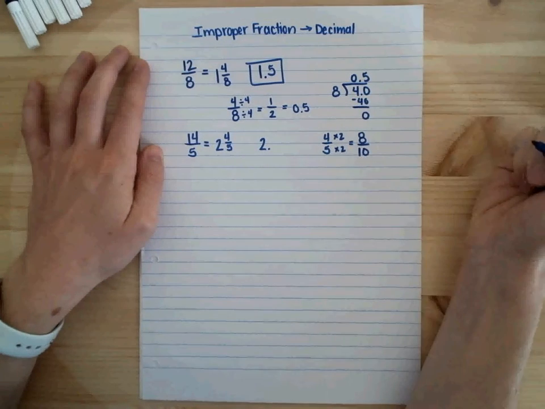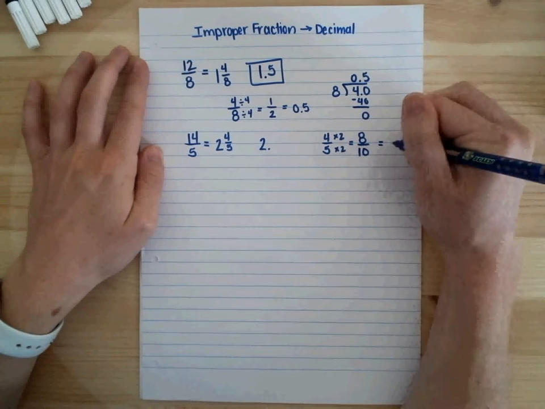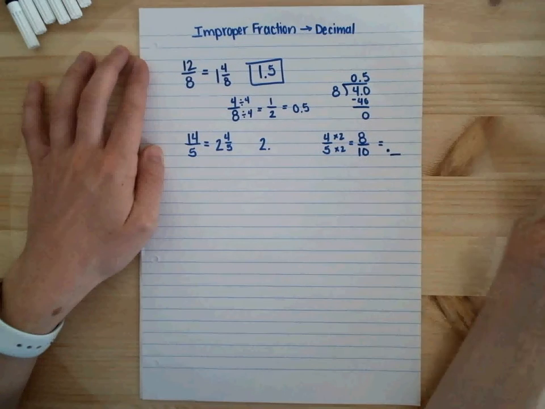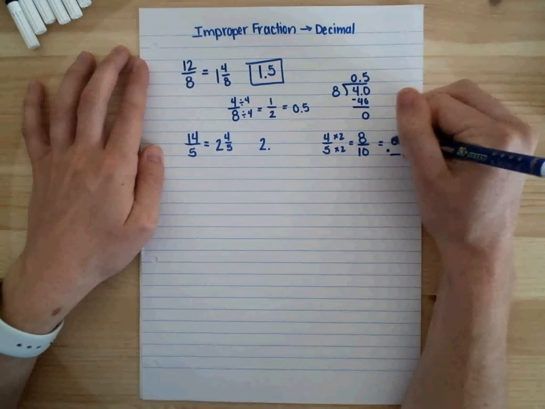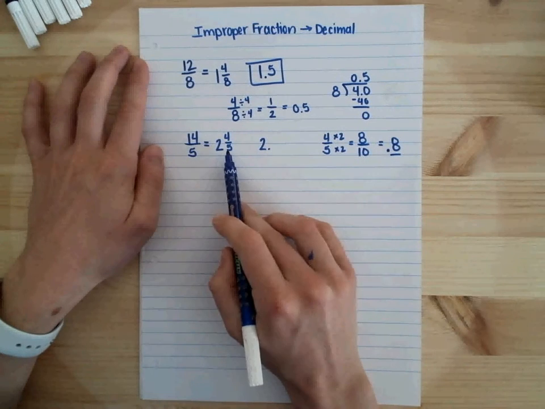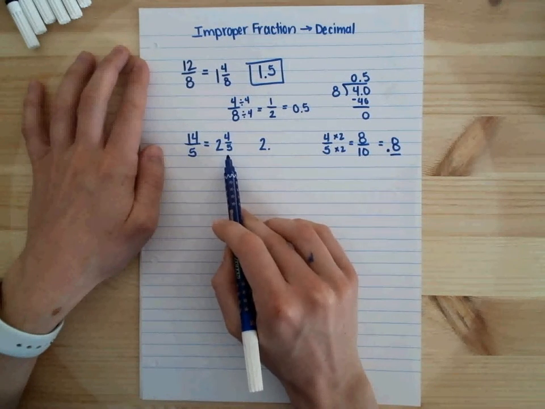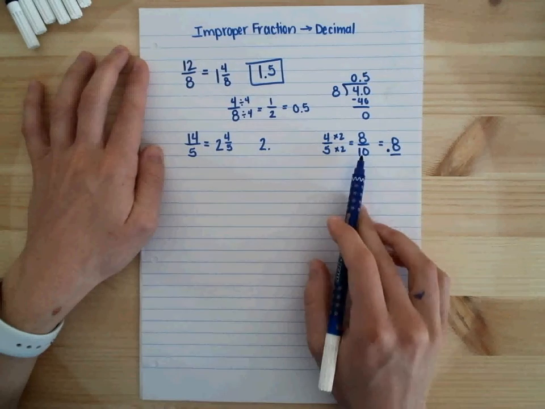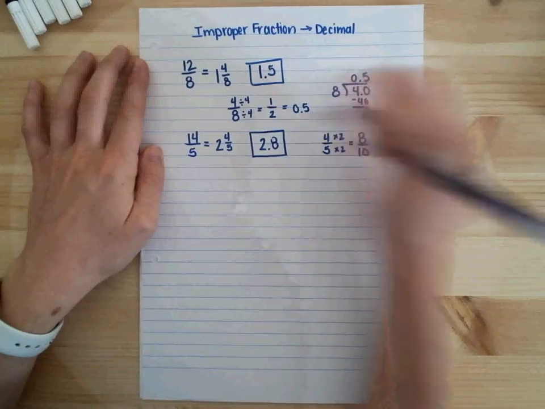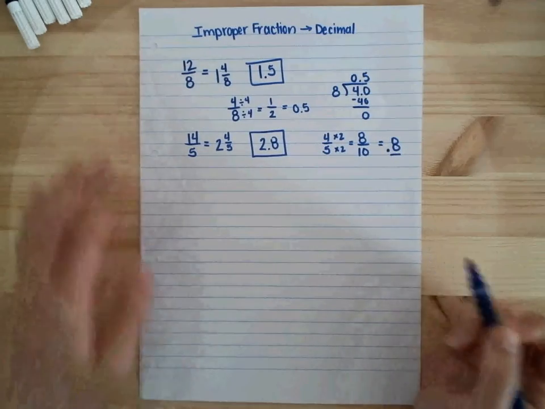And 8/10, if you remember place value, the tenths place is the value right after the decimal point. So 8/10 would be 0.8, which means 14/5 as a mixed number was 2 and 4/5, and 4/5 is equivalent to 8/10, so 2.8 is the decimal of 14/5.